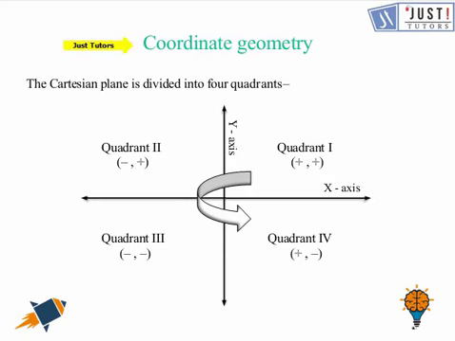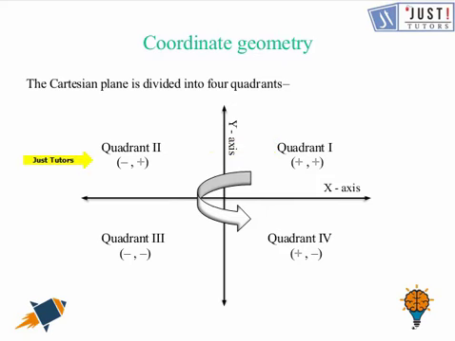Let's learn what a Cartesian plane is and how the quadrants are distributed in a Cartesian plane. The one that you see is a Cartesian plane, which has an x and y axis. The horizontal is what we call the x-axis and the vertical is the y-axis. Starting from the first quadrant, where x and y are both positive, it's quadrant 1.